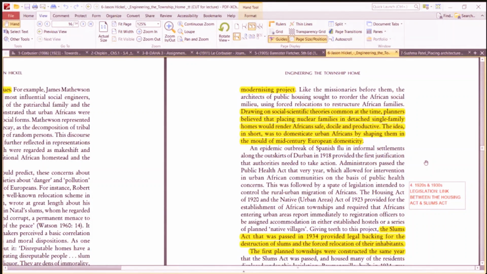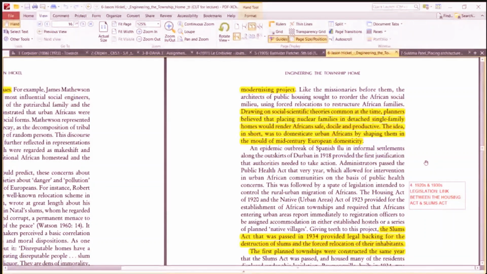So planners believed that placing people in nuclear families, in detached single-family homes, which now characterizes all the black townships, right? That is what they look like. Detached single-family houses for what must be nuclear families. This model, this kind of home, this kind of township would render Africans safe, docile, productive. Right? It's going to neutralize them. It's going to make them less of a danger to the colonial order and society.